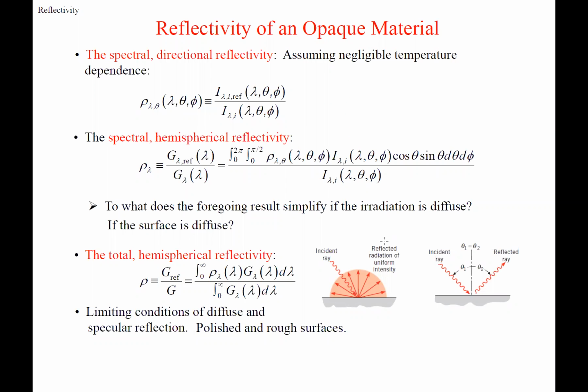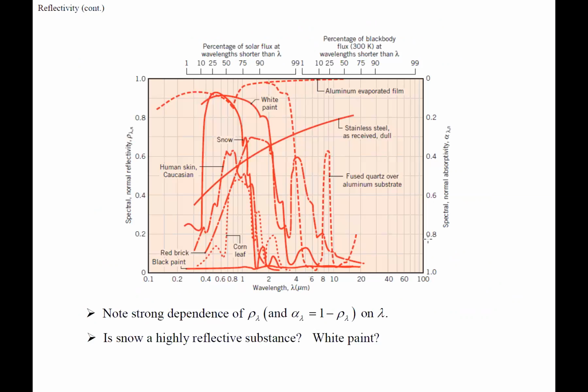Reflectivity is similar again. We have spectral and directional, so we have wavelength and direction. If we integrate over direction, we just have wavelength, which we see here in our subscript. And if we integrate over the different wavelengths, we have the total. So here is the spectral absorptivity and reflectivity at different wavelengths.